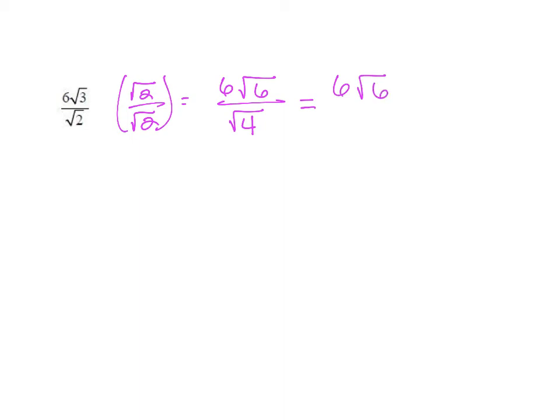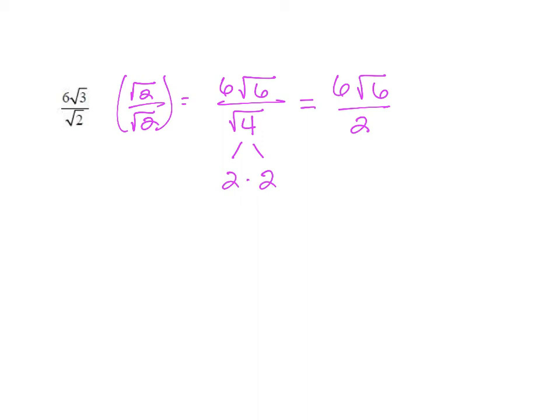All right, here's another one. I'm going to multiply times 1, so square root of 2 over square root of 2. So this would be 6 times the square root of 6 over the square root of 4. 6 times the square root of 6 over 2, because the square root of 4 is 2 times 2.